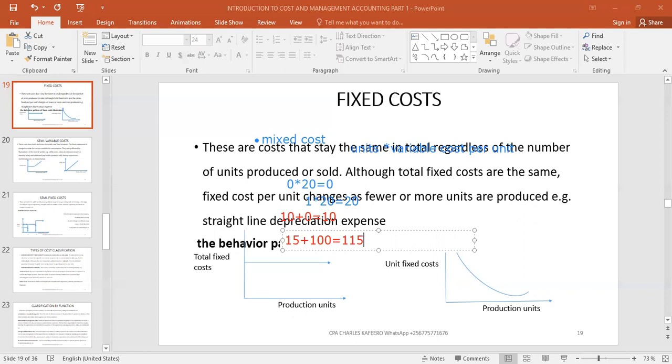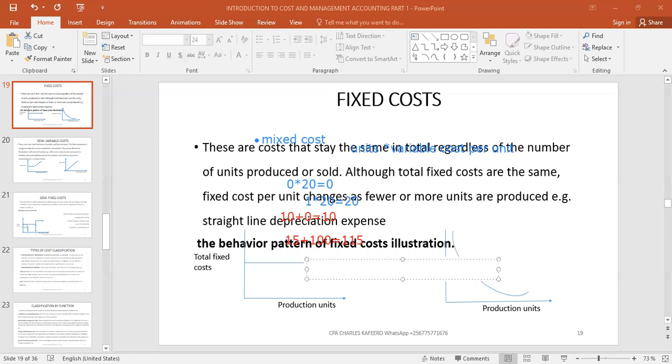But what you have to know is that if you are defining the variable costs, we say these are the costs which vary in proportion to the changes in the level of activity. If you just ignore the word proportion, it will be wrong, because even the total costs are changing.